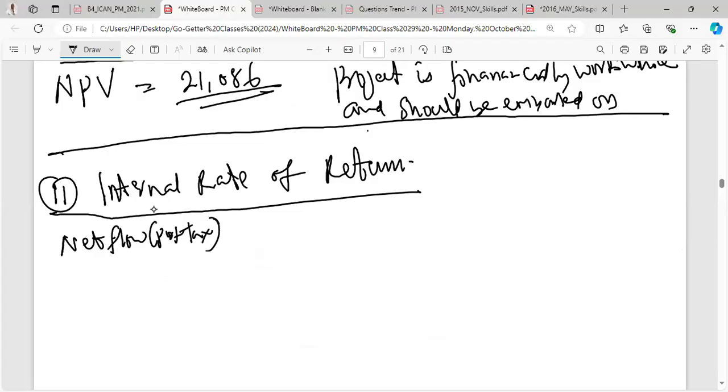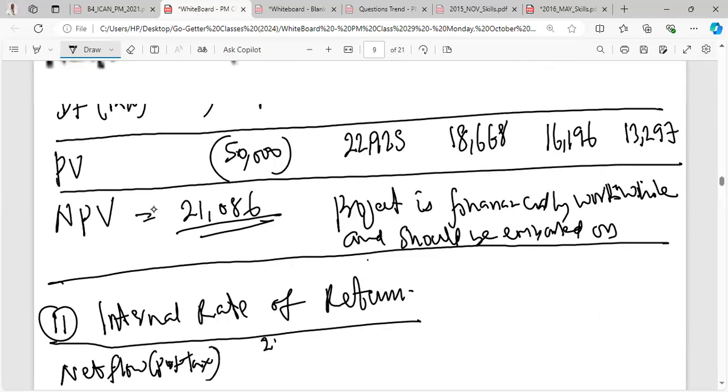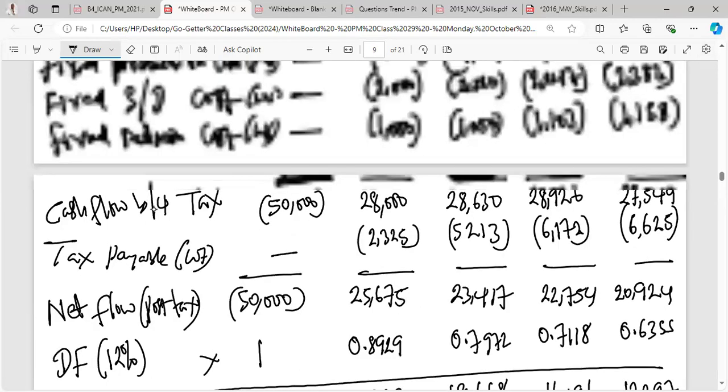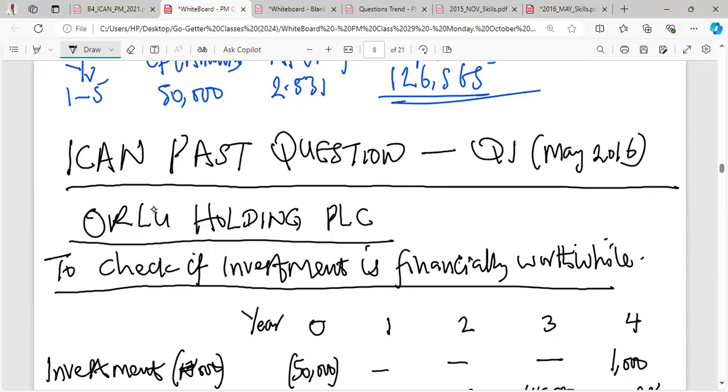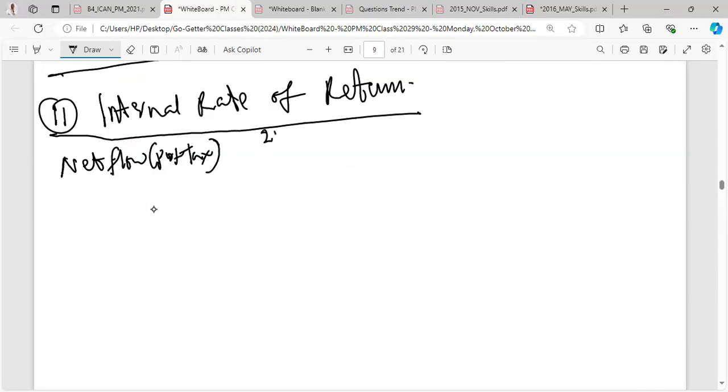So this is for, what do I call this one now? Year zero. Let me just call this 0. I'll call this 2016, 2017, 2018, and 2019. So this is 1, 2, 3, and 4.